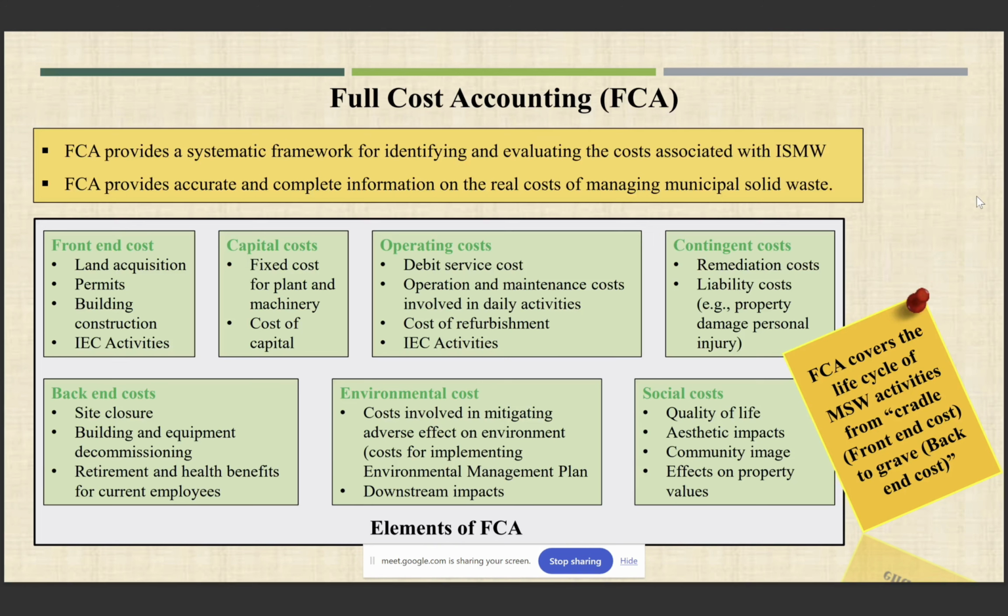So if there is some pollution by the facility, then that will be managed by the contingent cost. Next is the back-end cost. Site closure, building and equipment decommissioning come under this, and also the retirement and health benefits for the current employees come under the back-end cost. Next is the environmental cost.